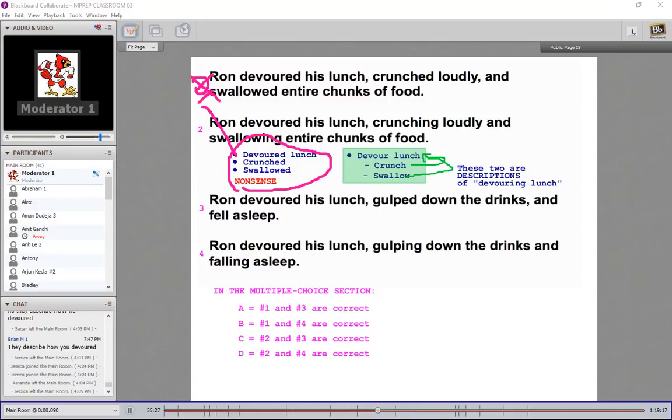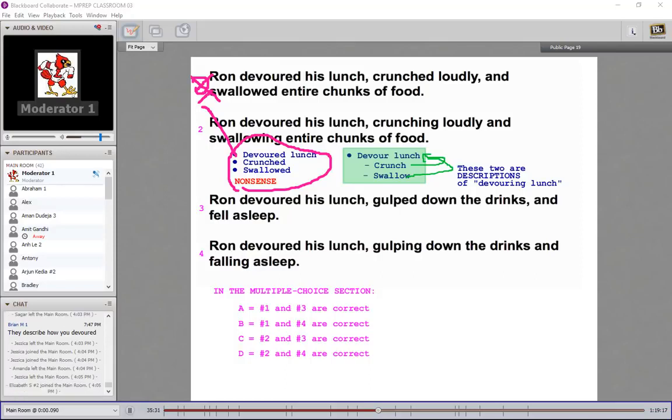Then sentence 2, we have this comma ing modifier. If you don't know about those, we've actually had study hall sessions specifically on that type of modifier. In this case, there are two INGs, but this is all one big comma ing modifier. The way that works is it modifies the action that came before it.